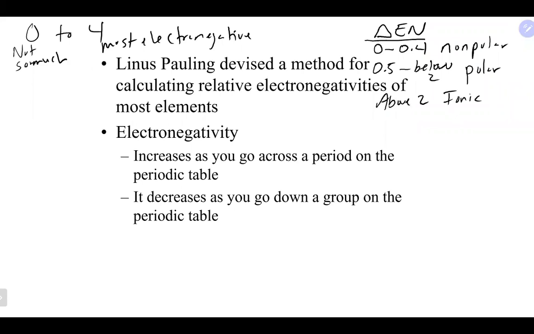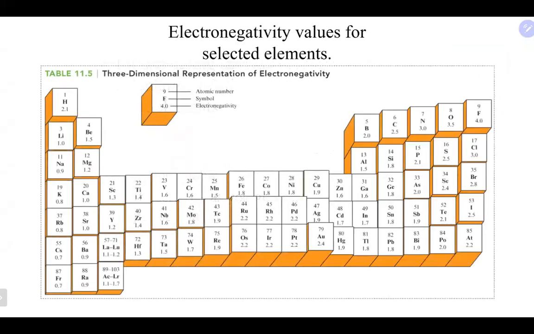So let's take a look at that scale. Here's a table of electronegativity values. You have a similar table, I think, in your book. Obviously, it would be provided for you if you needed it. So, for example, if we look at the ones we did before, we have sodium chloride, which was an example of an ionic bond.